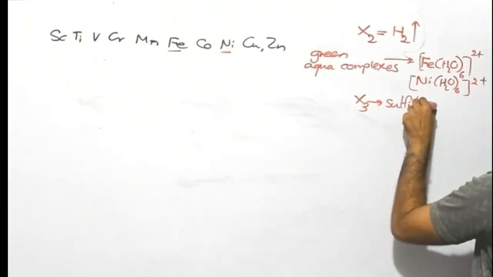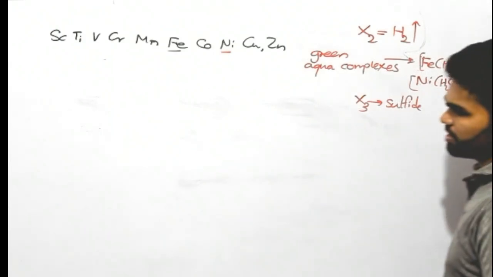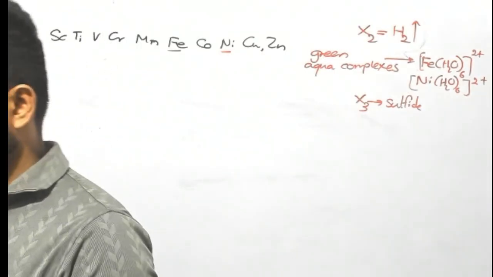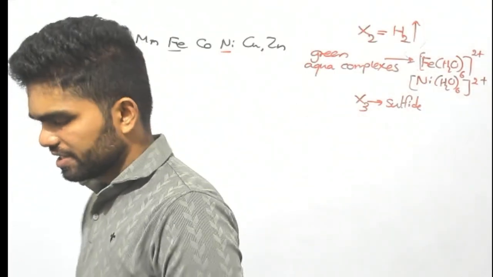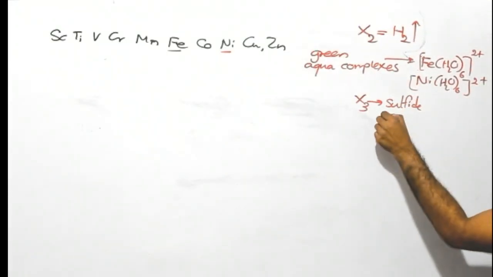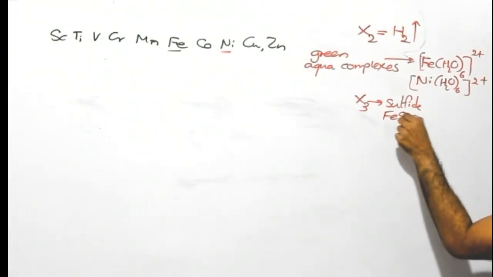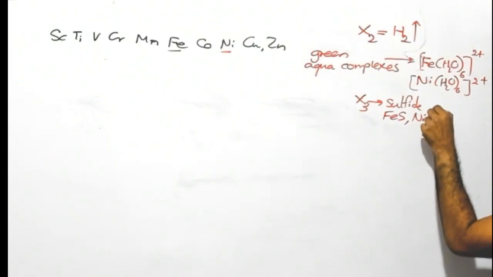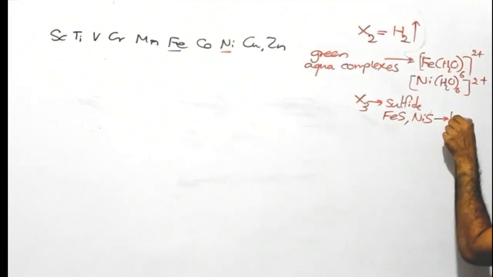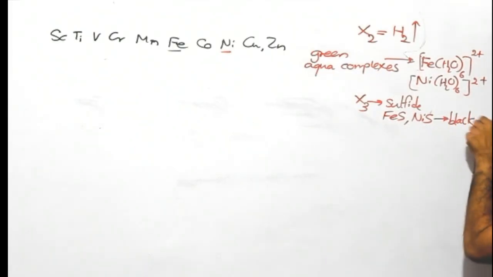It is a black color sulfide. Ferrous sulfide is not in our syllabus, but anyway both these sulfides are black. Ferrous sulfide, nickel sulfide, both are black. So again, you can't decide which one it is. Ferrous sulfide is not in the syllabus, but just for the sake of the question, I'm telling you it is black.